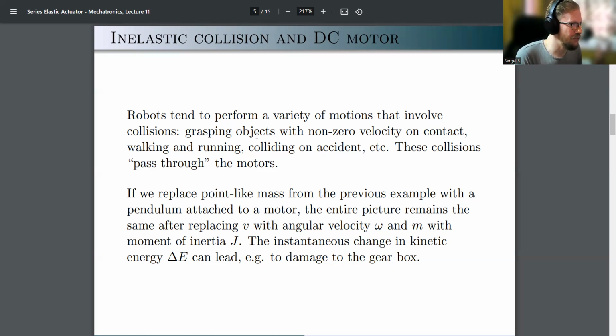But this damage can happen elsewhere. For example, inside your motor. If your structure is slightly more delicate in the motor, for example, if you have teeth of your gearbox, which are delicate and small, and suddenly you have an instantaneous collision, which just jolts them into a different position, like they were moving around and then suddenly they have to stop.